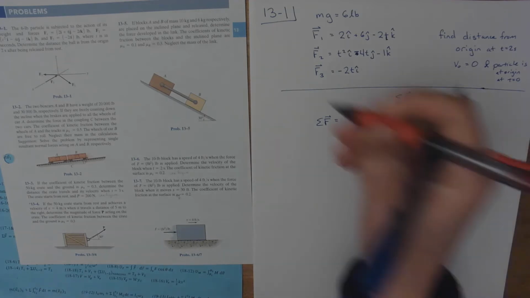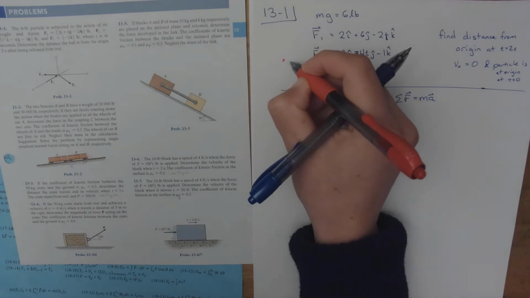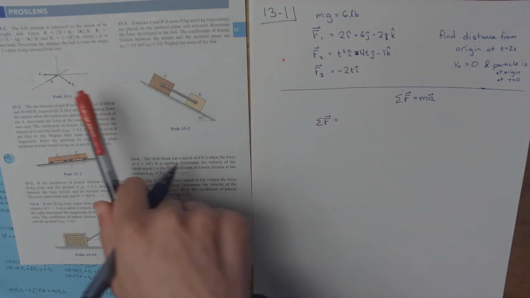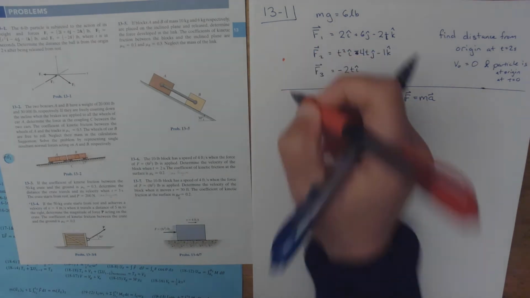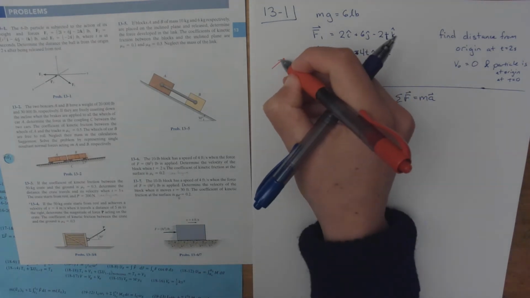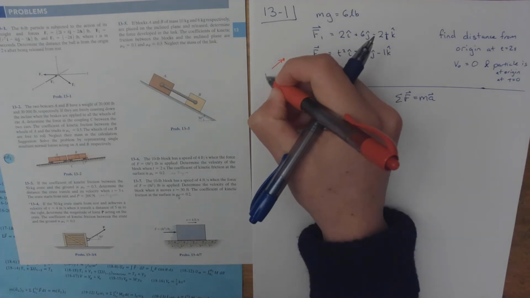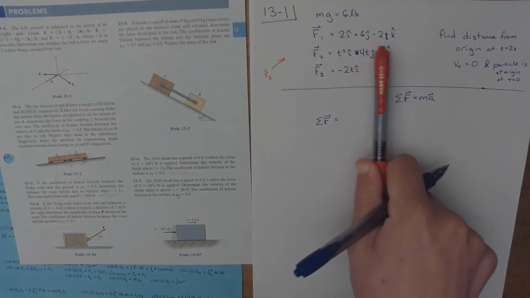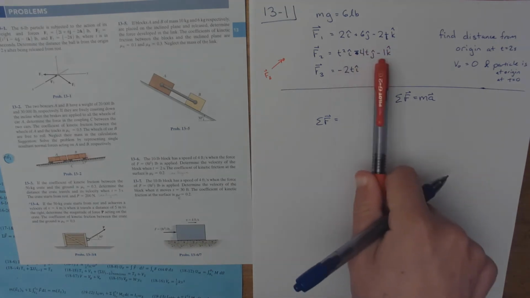So maybe we should just draw a new picture here. So we have force 1, force 2, and force 3, which they drew in the diagram here. However, force 3 is pointing in the right direction because that's the negative x direction. The other forces, it looks like the angle is going to change as time moves on.